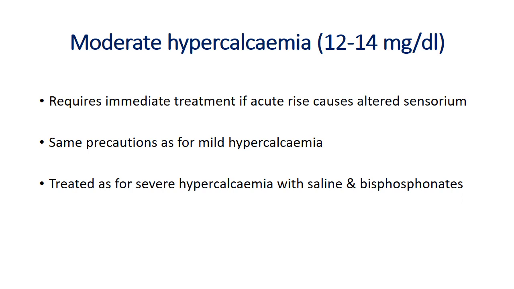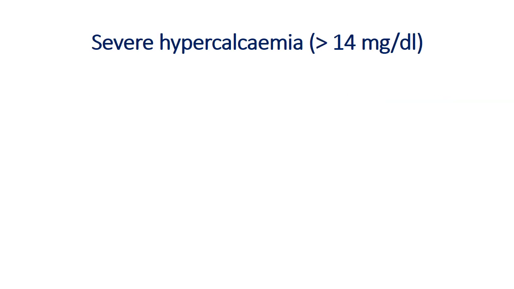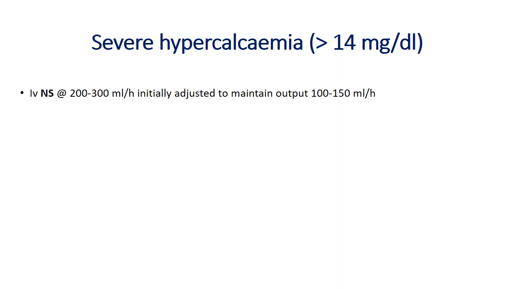Other than the precautions that we follow for mild hypercalcemia, in cases where there is rapid onset of symptoms like altered sensorium, we need to treat moderate hypercalcemia as we would for severe hypercalcemia, where intravenous saline and bisphosphonates are administered aggressively to bring down the serum calcium level to normal within the next 48 to 72 hours.